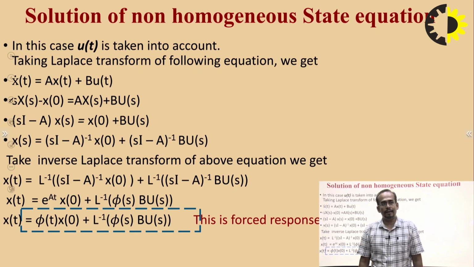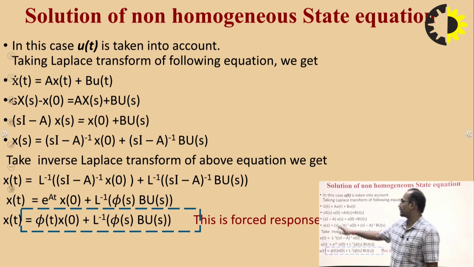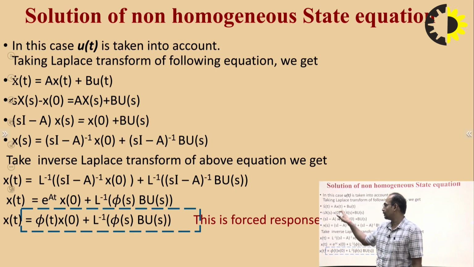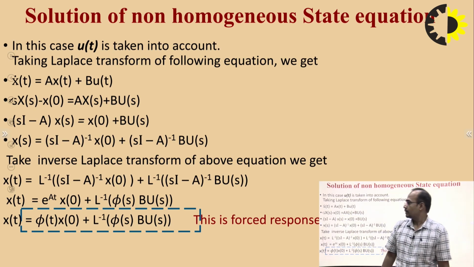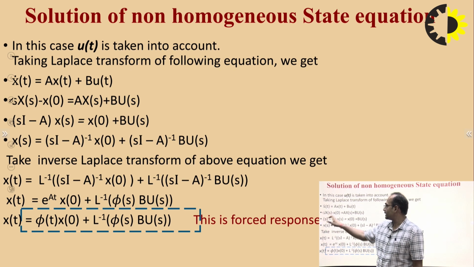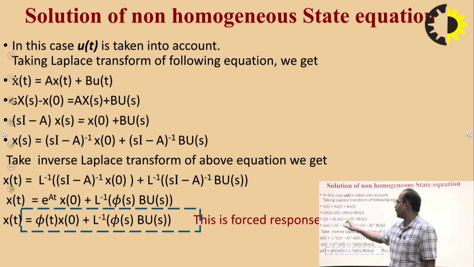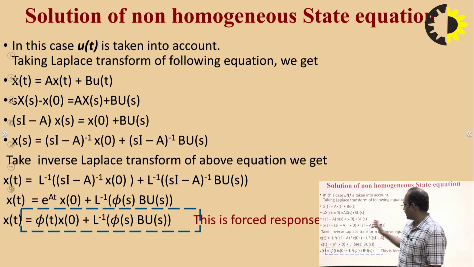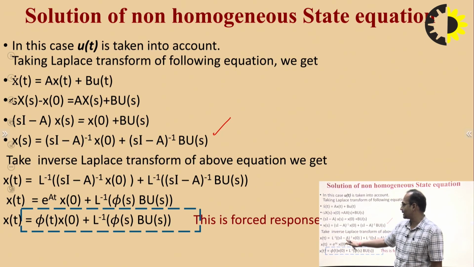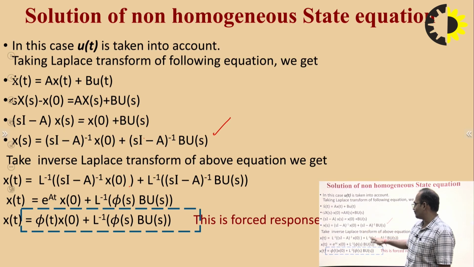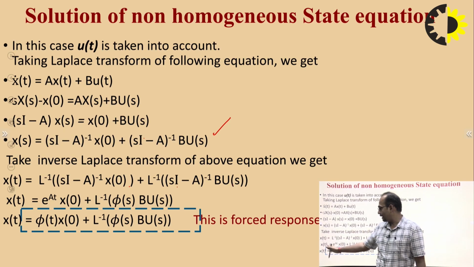So by taking the Laplace transform, you will get sX(s) minus x0 is equal to AX(s) plus BU(s). So (sI minus A)X(s) is equal to x0 plus BU(s). By taking the inverse Laplace of this equation, I will get the value of x(t). So x(t) will be equal to Laplace inverse of (sI minus A) inverse x0 plus Laplace inverse of (sI minus A) inverse BU(s).